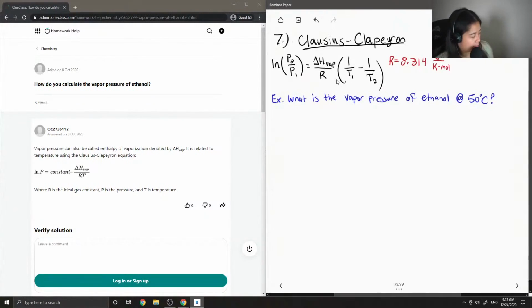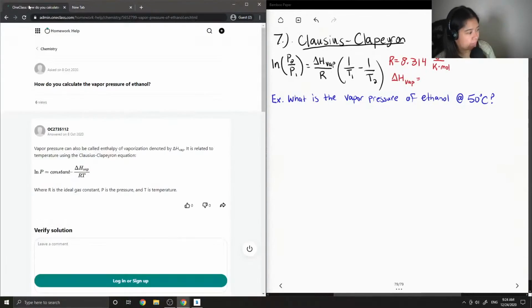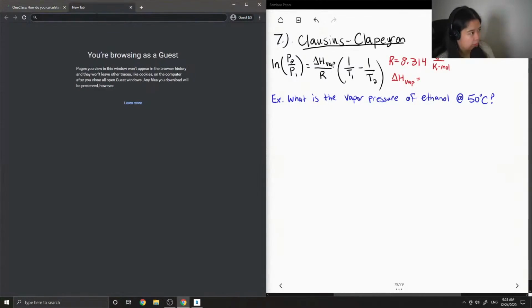Another important variable that we need is the enthalpy of vaporization of ethanol in standard conditions. This is something that is given in a table in your textbook, or it might be given in the question, but I'm just going to look it up on Google.